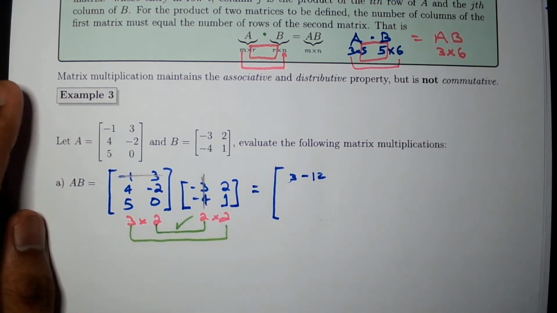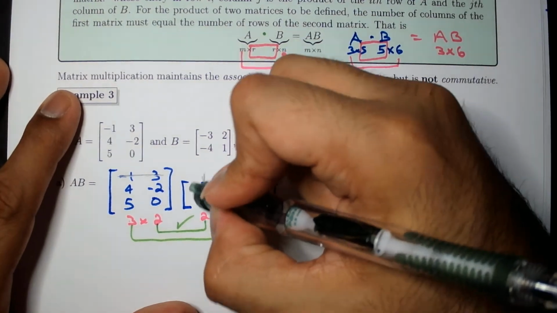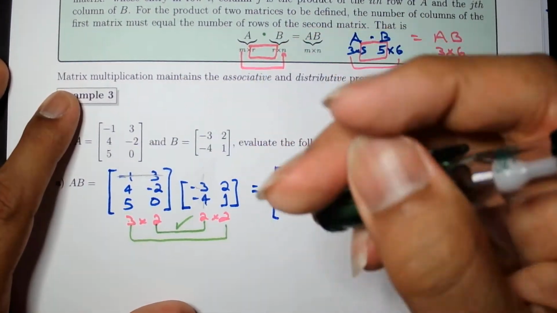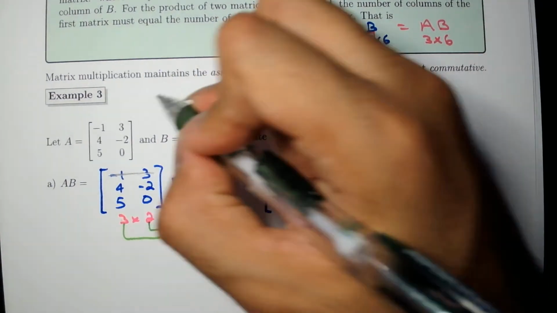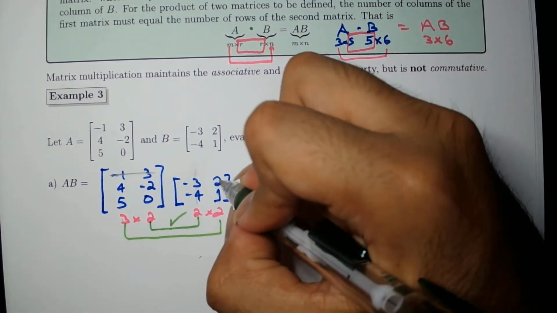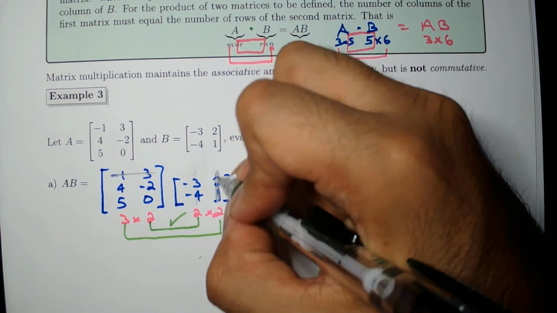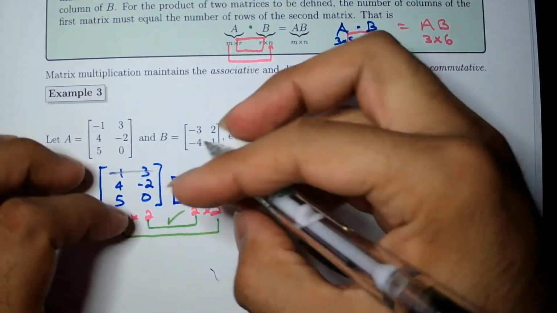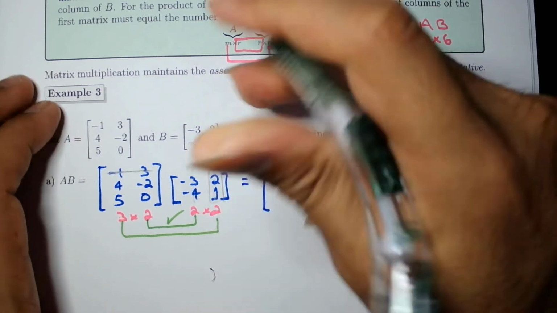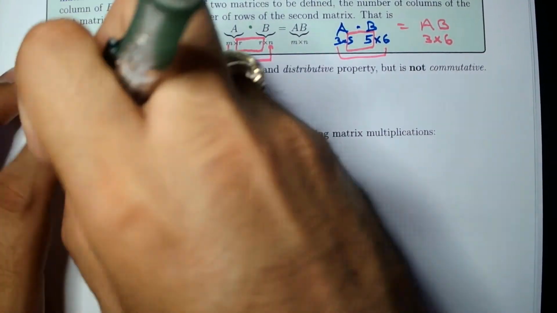And then let me erase this. What I'm going to do next is find the 1, 2 element. Well, maybe actually box it instead of just scratching.